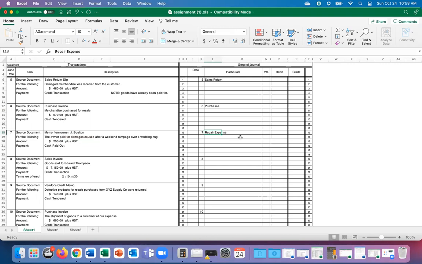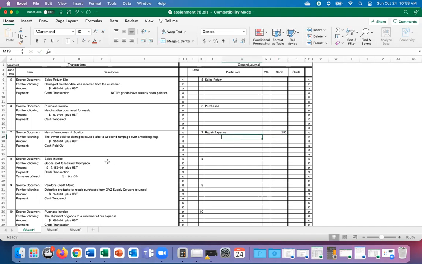It doesn't have anything that's different about it. So the repair expense, and we are going to debit that because expense accounts always get debited. And we're going to do that for 250 because that's what the repair cost.